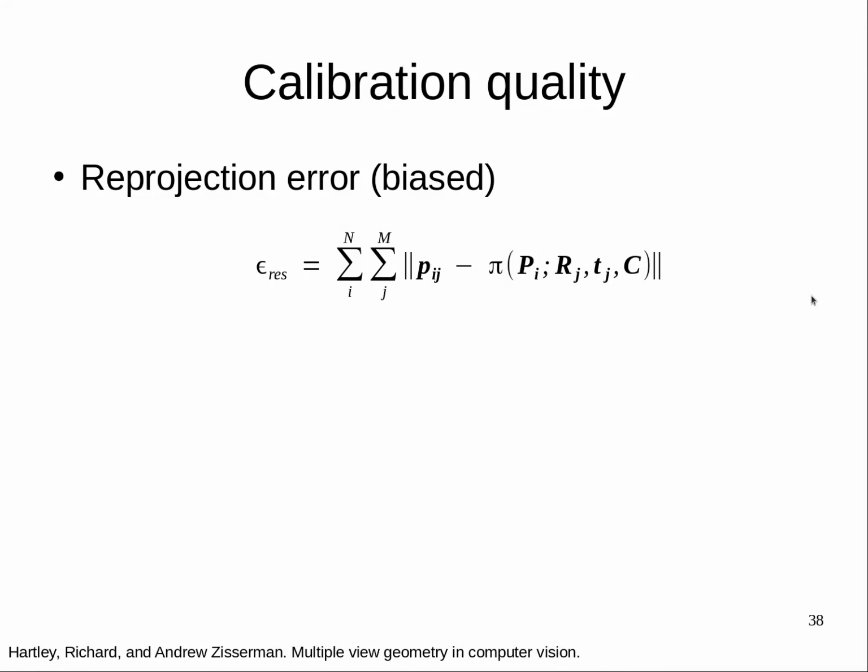The first thing which might come to your mind is using the reprojection error, which is the sum we try to minimize when calibrating. The issue with this approach is that you are looking at the residual error. For what a residual error is, please refer to the book cited below again.